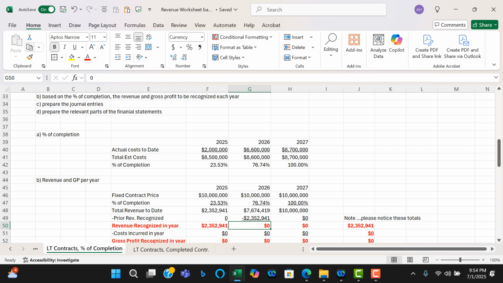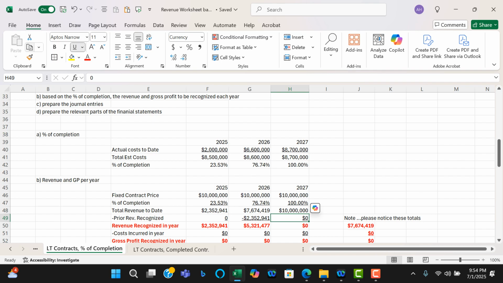So the revenue that we should recognize during this year is the 7 million total revenue on the contract over 2 years, 25 and 26, less that 2 million. So we should recognize this year 3,021,547.